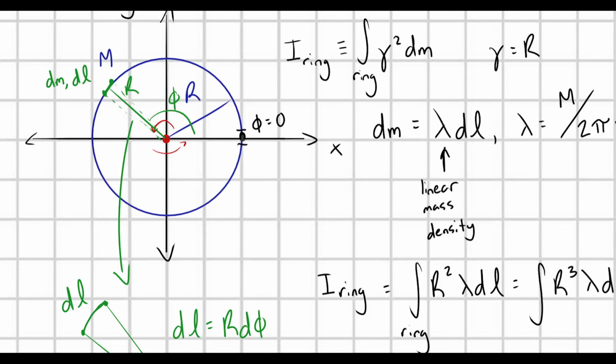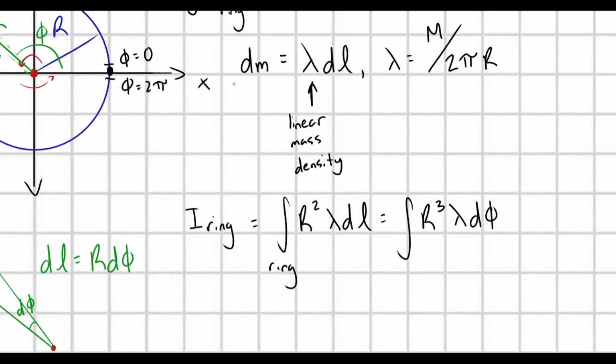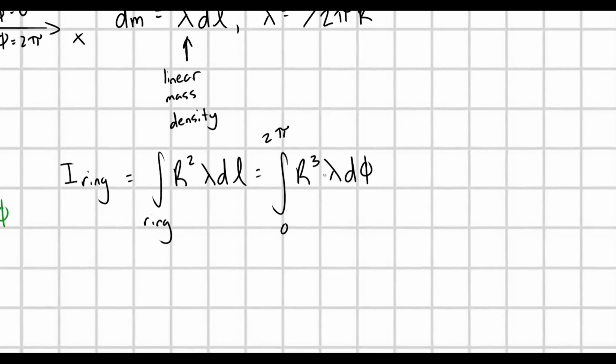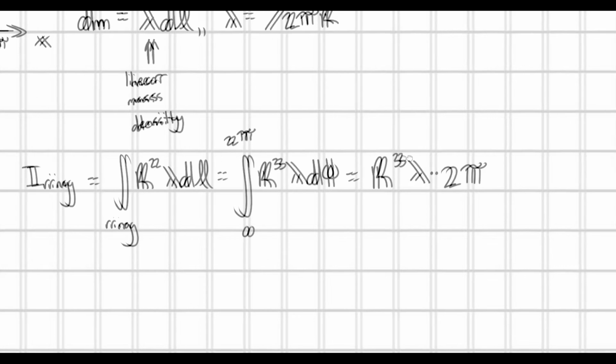So we start here, we end here. Phi equal to 2 pi. Beautiful. We just traverse the entire circle. Okay, so phi is going to range from 0 to 2 pi. Cool. Look at that. There's no dependence on phi anywhere in this integral. So this is just going to result in a multiplicative factor of r cubed lambda times 2 pi when we actually go and do that integral.